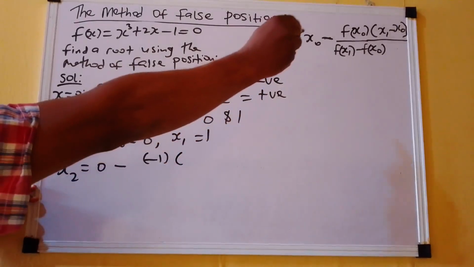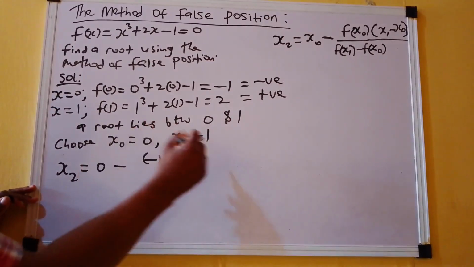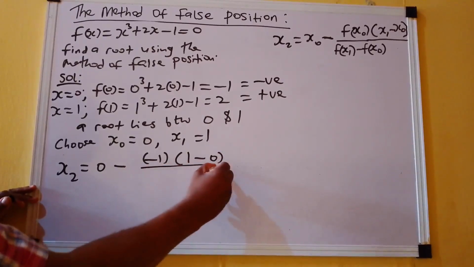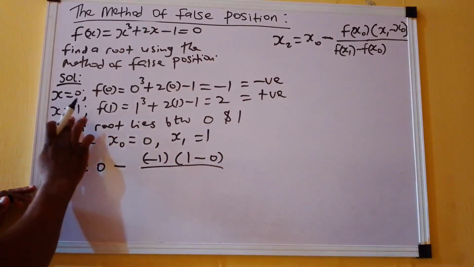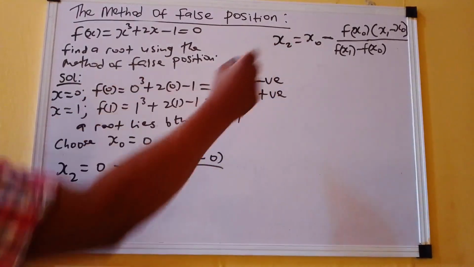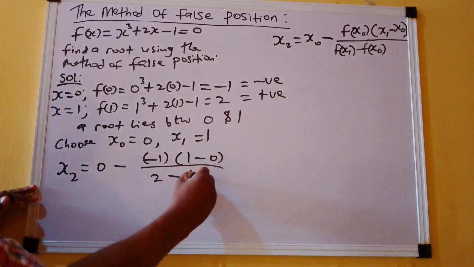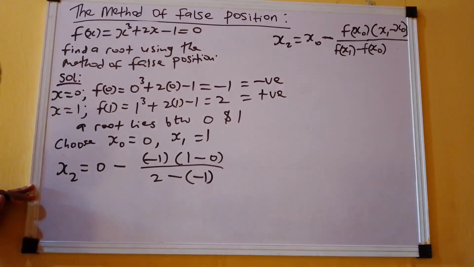Then x1 minus x naught, x1 is 1, minus x naught, 0, then all over f of x1. What is our f of x1? Our f of x1 is 2, minus, the minus sign is there, then f of x naught is minus 1. So you put it there like that.